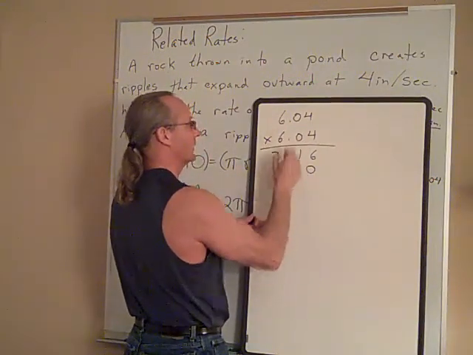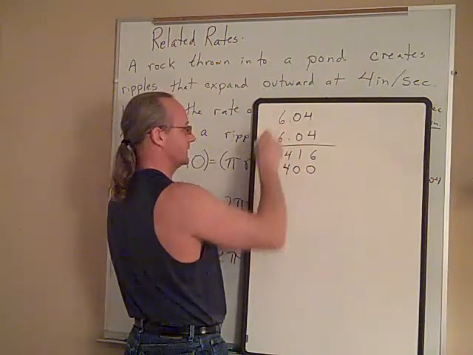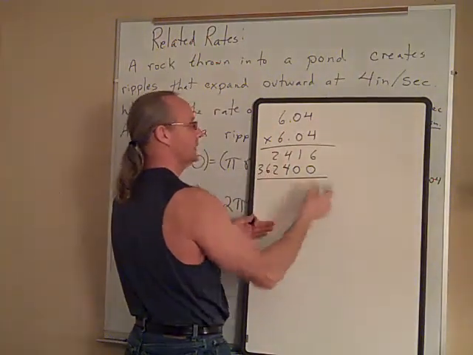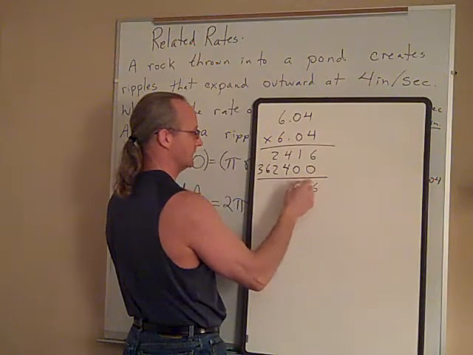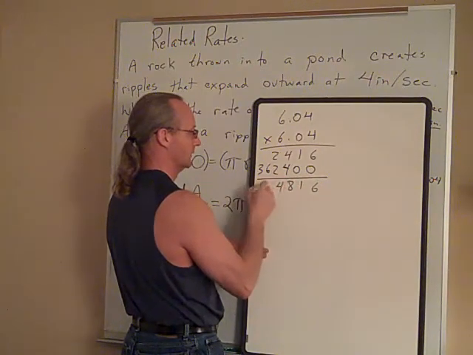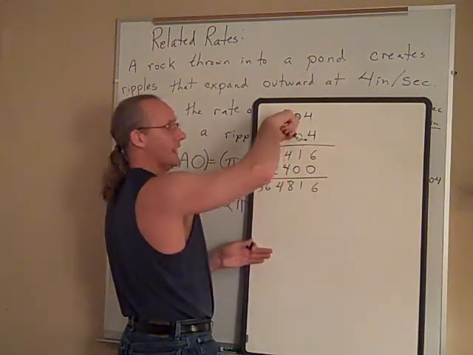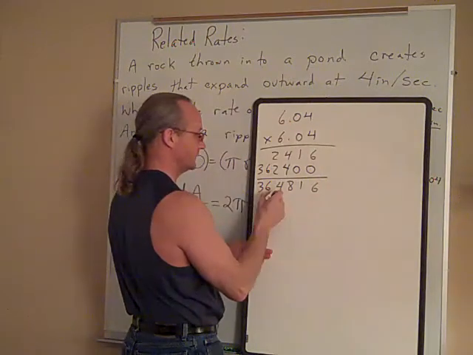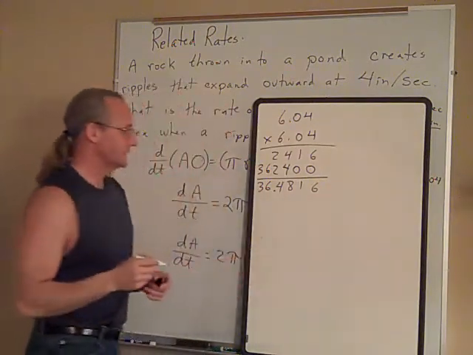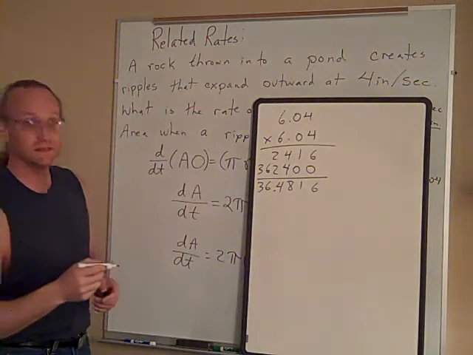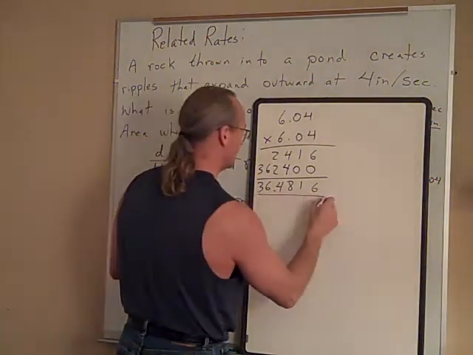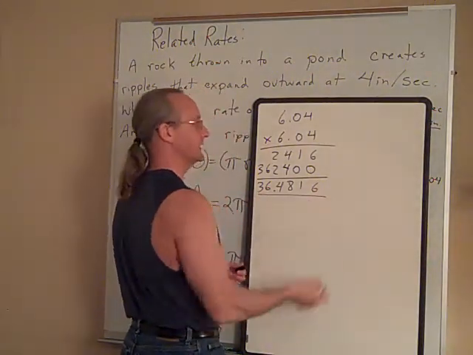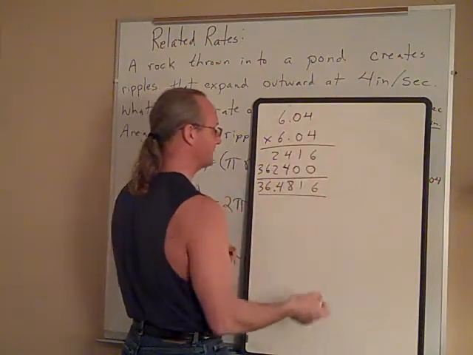And that's a 4 and carry the 2 and 36. And when I add this together, I have to move my decimal 4 places: 1, 2, 3, 4. So I get 36.4816 times pi, because I want pi r squared.